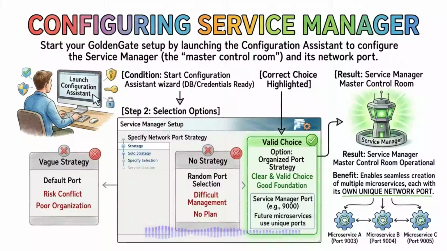A major design pattern tested heavily on the exam is the GoldenGate hub deployment model, which is the recommended approach for modern enterprise environments. In a traditional setup, you would install GoldenGate directly on the same physical server where your database is running, which consumes valuable database processing power.